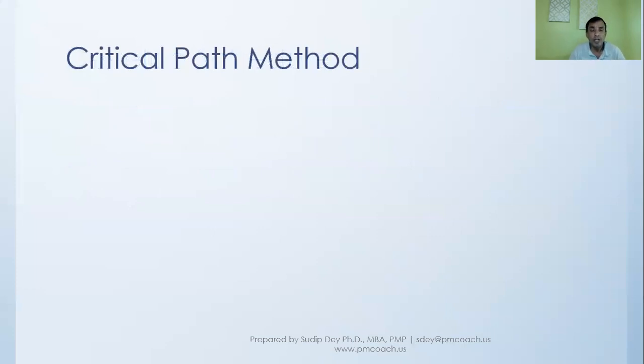Now, one of the methods that we'll use is the critical path method. So let's look at this critical path method. With this method, what we really find or estimate is the minimum project duration.